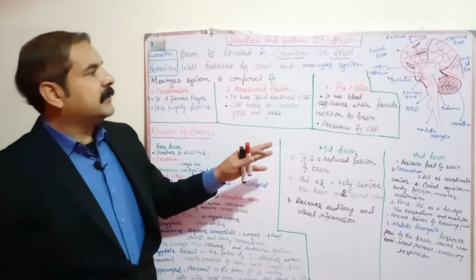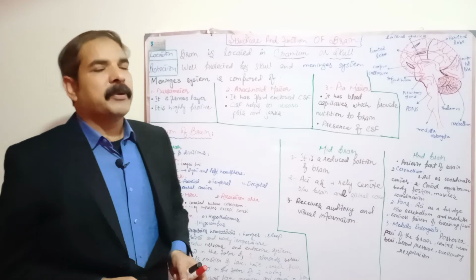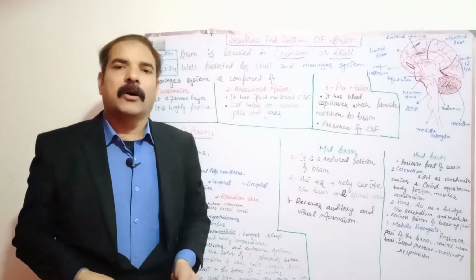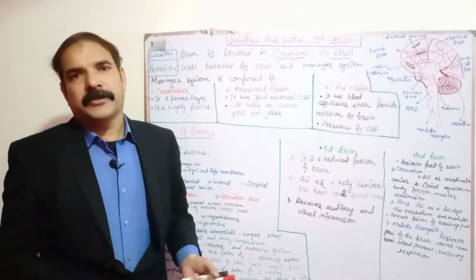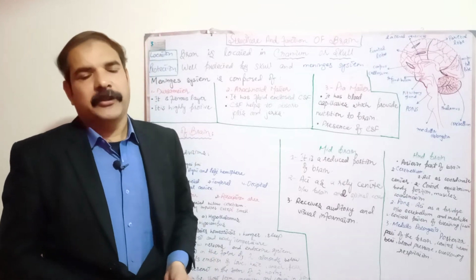To summarize the whole topic quickly: the human brain is located in the skull or the cranium. It is well protected by the skull and the Meninges system, and there are three meninges.